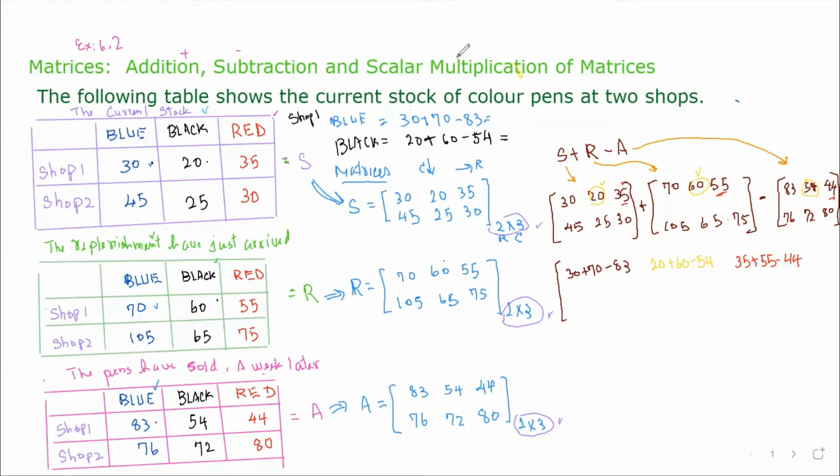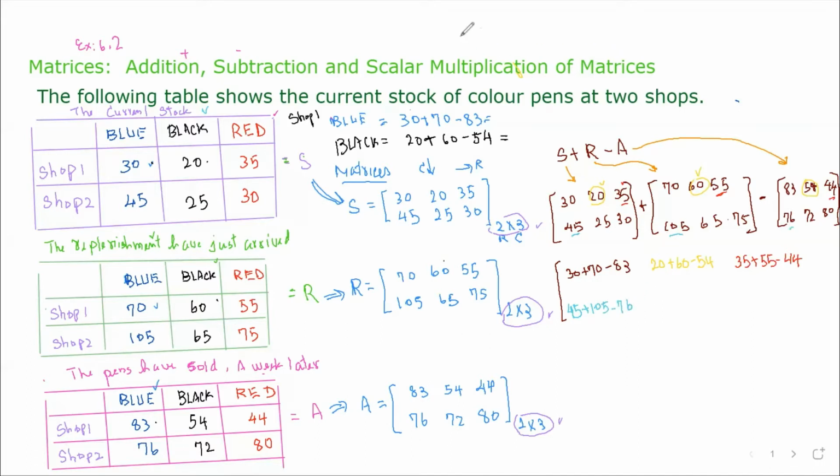Okay, and then you can use another color here. Next, this is gonna be second row, first column, 45, 105, and 76. So you're gonna have 45 plus 105 minus 76.